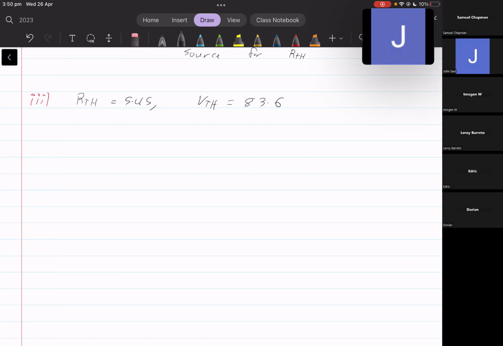So that should be V Thevenin squared on 8 R Thevenin.